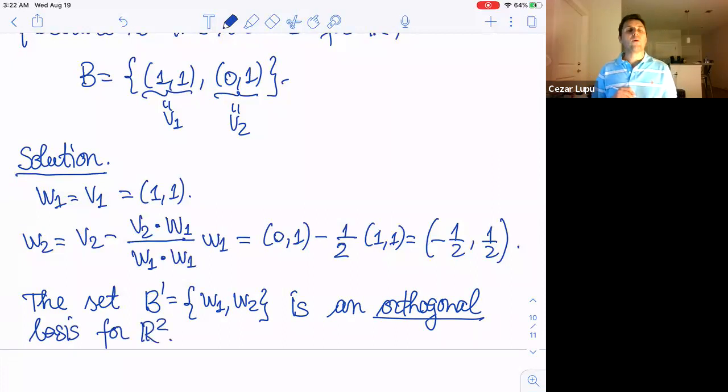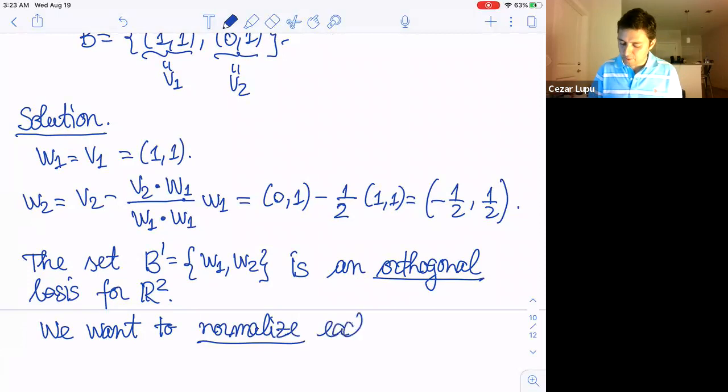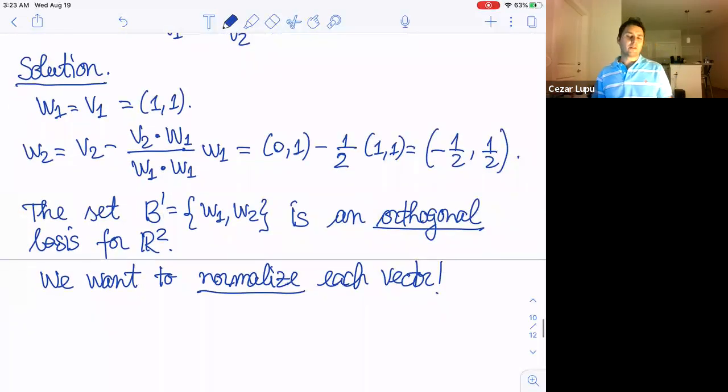And now we want to normalize each vector. So we're going to take each vector W1 and W2, and divide it by its length.